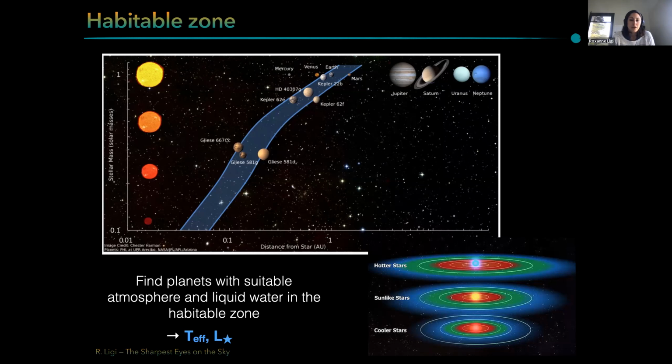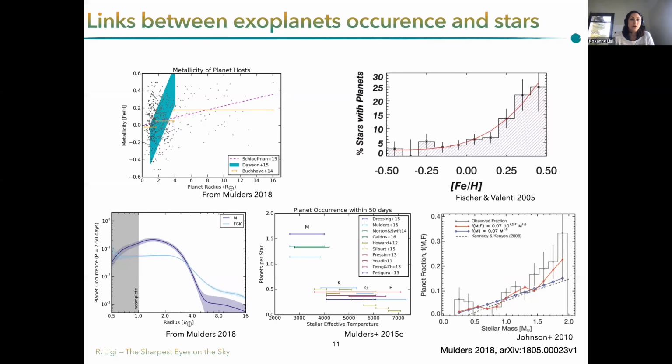So this is for the stellar parameters and the link with exoplanets, but knowing all of this also allows us to link the occurrence of exoplanets and the star. In 2005, Valenti and Fisher showed that the number of exoplanets around a star depends on its metallicity.